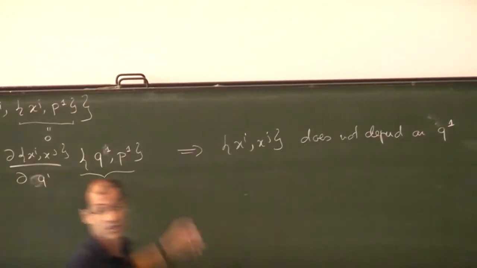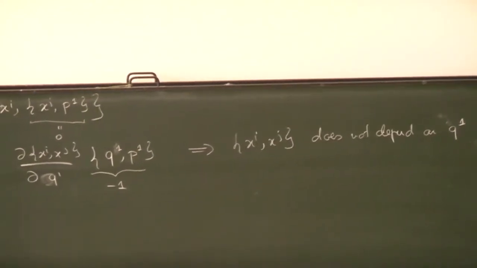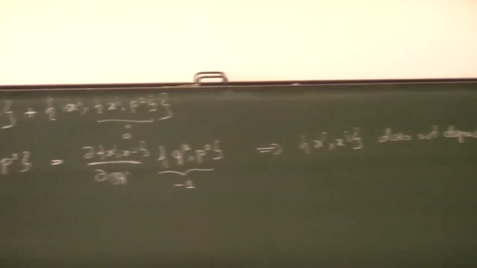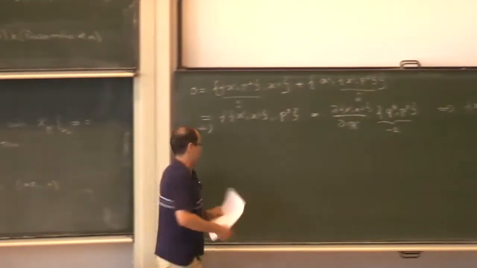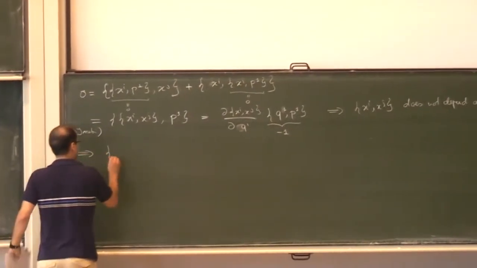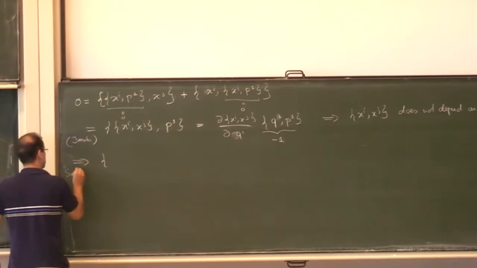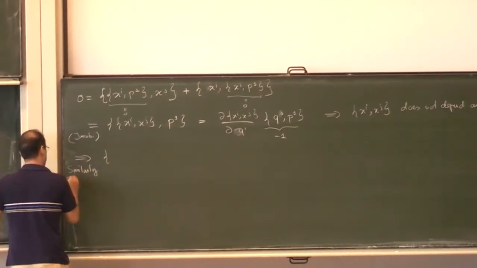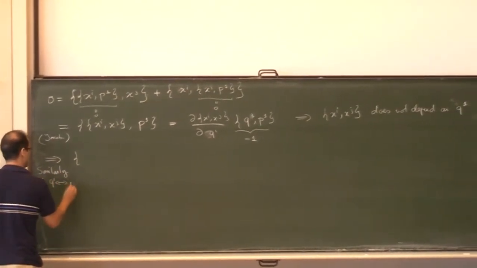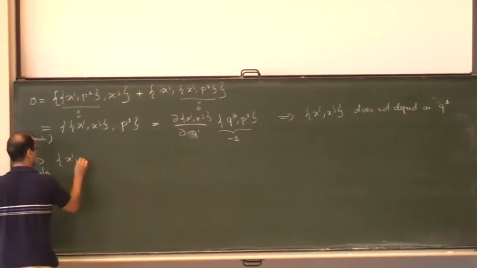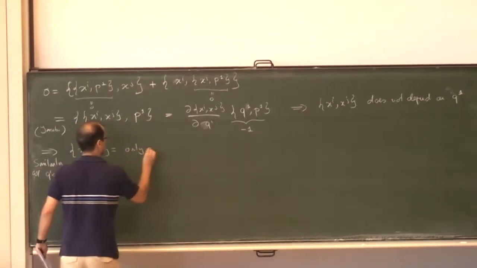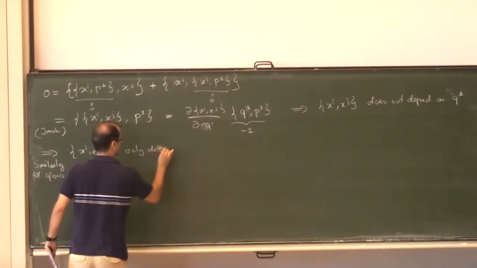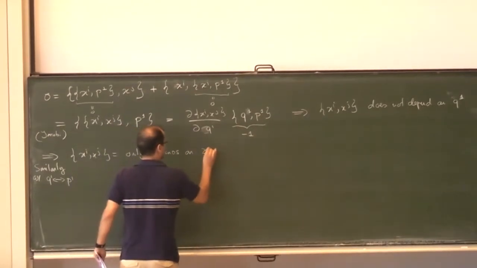And a similar computation where you change the P1 to Q1, you go through it, will give you that this bracket does not depend on P1. Okay? So similarly, with Q1 switched with P1, this is a function that only depends on xi's.